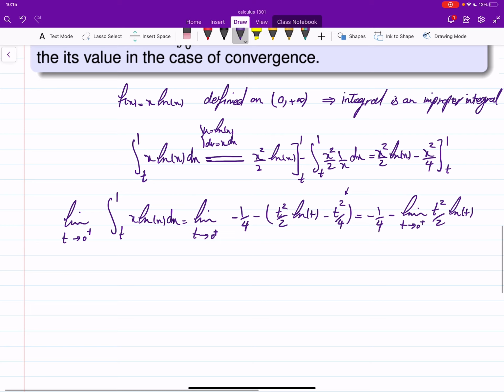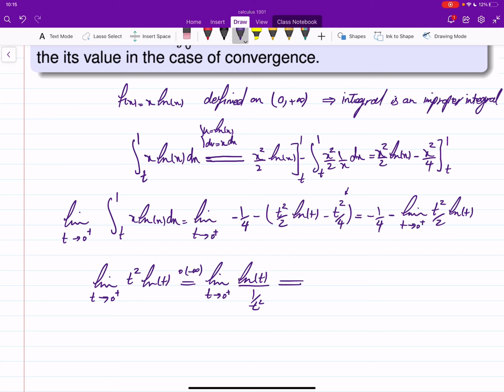So let's see how that goes. I will just do t squared ln t. I don't need to have that half there; I will add it later. t squared as t goes to 0 is 0, but ln t as t goes to 0 is negative infinity. So this is 0 times negative infinity. To get this in a form where I can apply L'Hopital, I will change t squared to 1 over t squared.